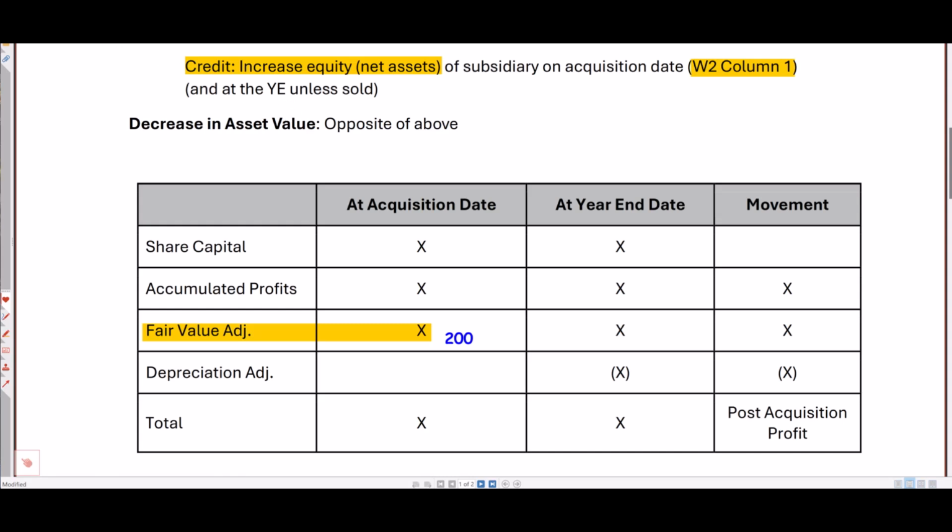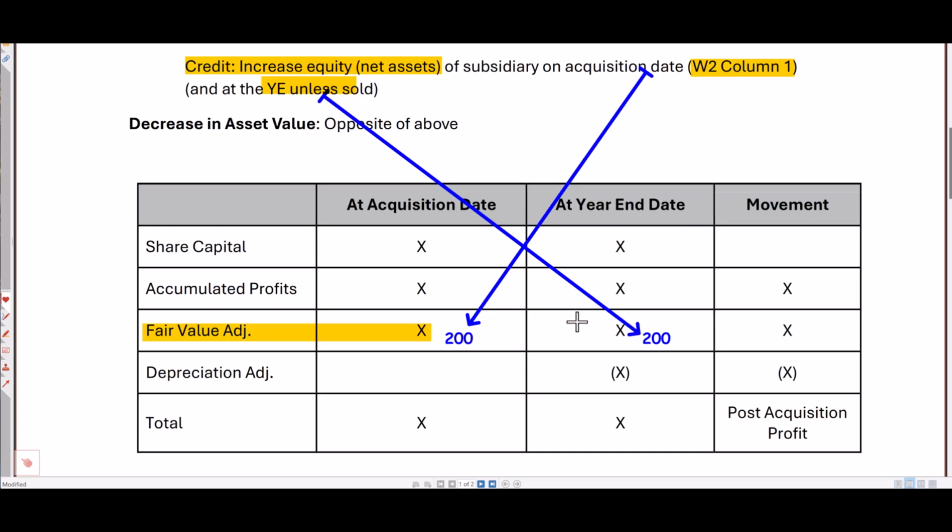Now, unless the asset is sold, we also put it in at the year end. So we do it on the acquisition date, which is this adjustment here. And then unless it's been sold, we're going to do it again at the year end, just to make sure that it's still reflected in the group financial statements. So the 200 would be in there as well, and that's for this bit here.